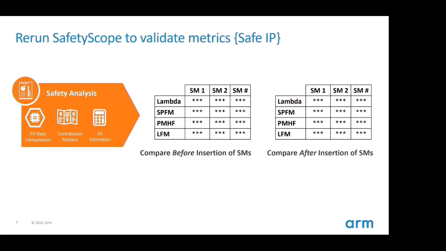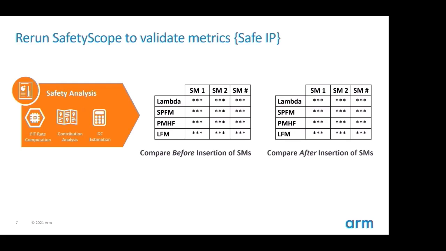So once we give the development team the safety mechanism for them to implement, we then have a design that actually contains the specified safety mechanism. It could be in the form of RTL or netlist.